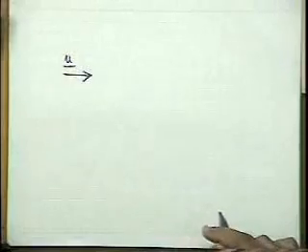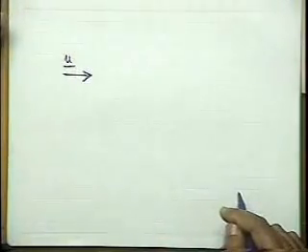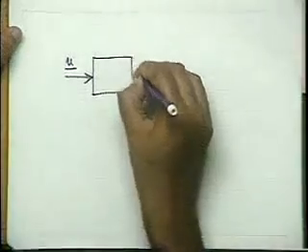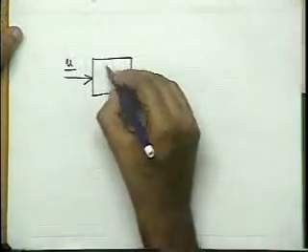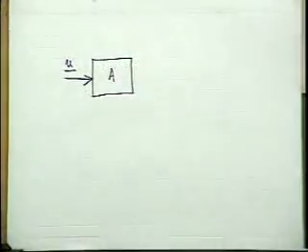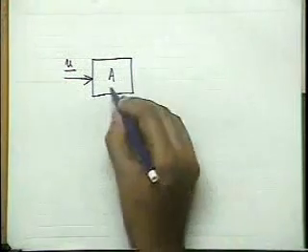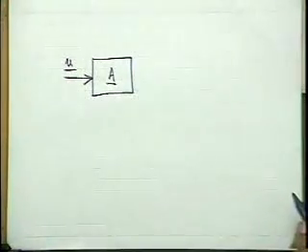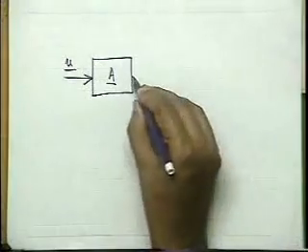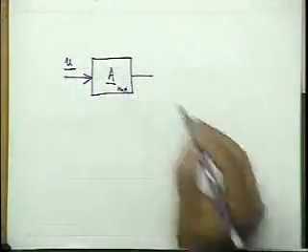So now we are going to consider a system like this. At the input to the system I am giving a u vector. The u vector is being fed as an input to the system, and the system has a first block which makes a transformation A. So there is a transformation A, and A is of size n by n, obviously.